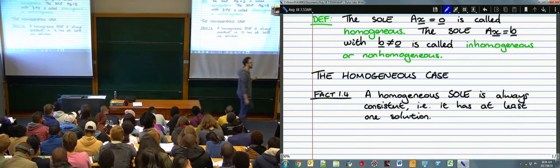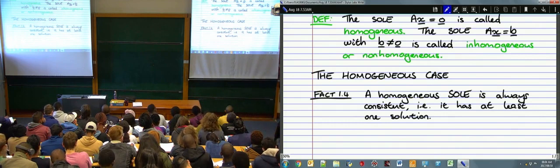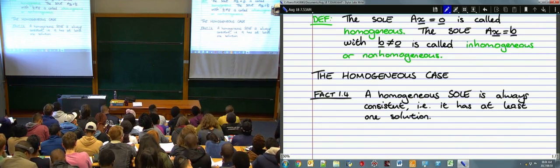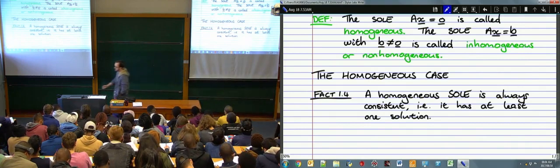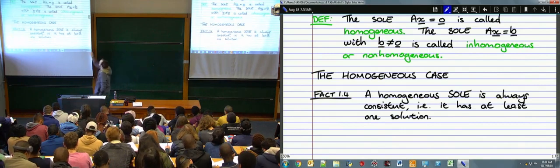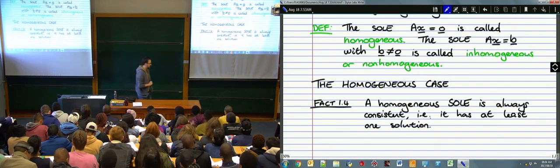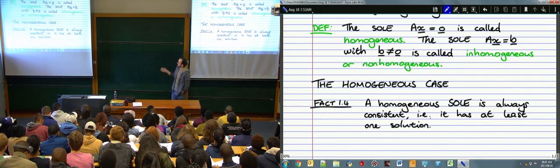It's always going to have at least one solution. There's no way to write down a homogeneous system of equations which doesn't have a solution. And if we just scroll up, it's not really necessary to scroll very far. That's our homogeneous system over there. AX is equal to 0.